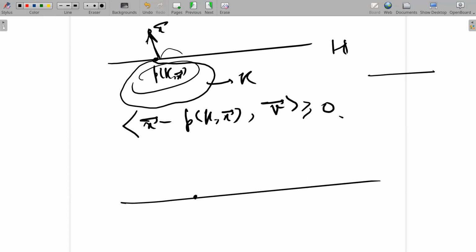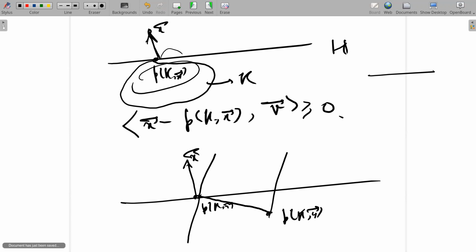So let me draw that picture. I have P_K x here. P_K y will also be somewhere here, right? P_K y is an element of K, so it will be somewhere here. So you have this vector x. And what I will do is join these two points and then draw the hyperplanes here.